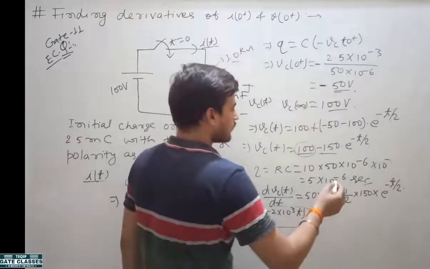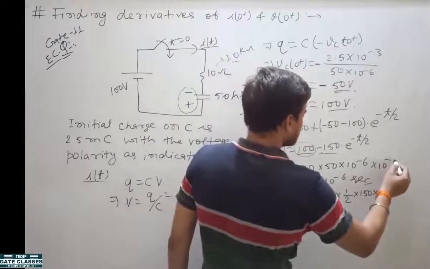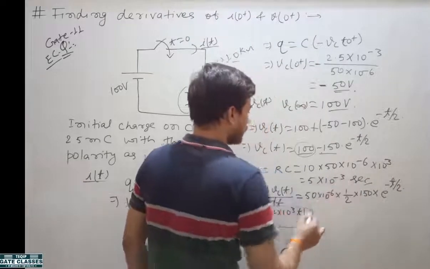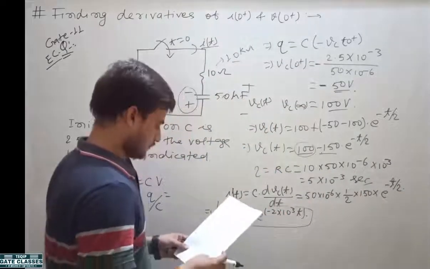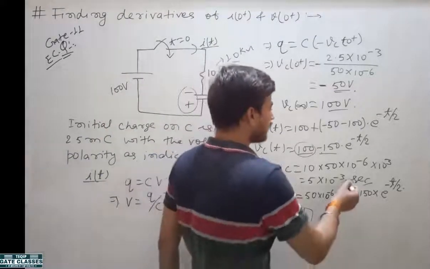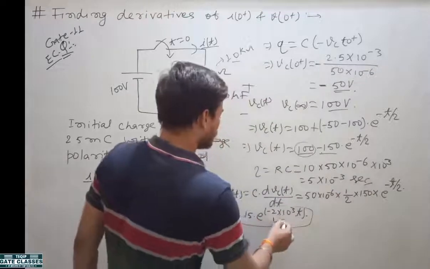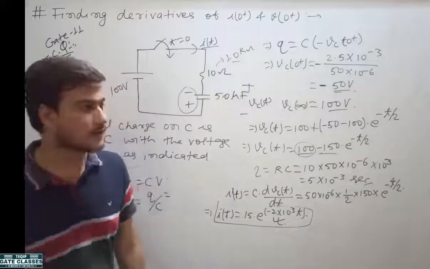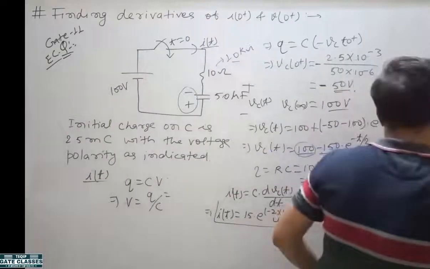It would have been 10 to the power minus 3. Whatever value is given, you will calculate accordingly. Final answer will be e to the power minus 2 into 10 to the power 3 t. Clear? So this is the solution of this question.